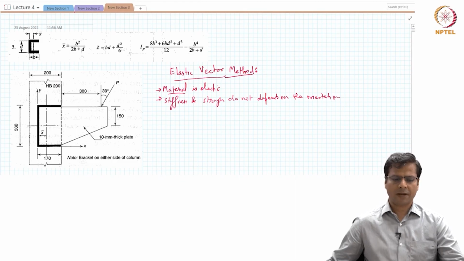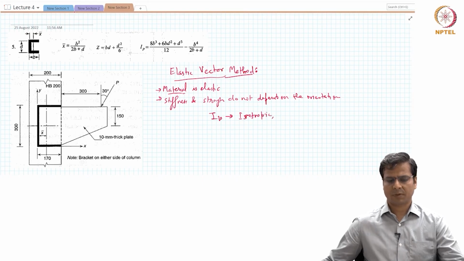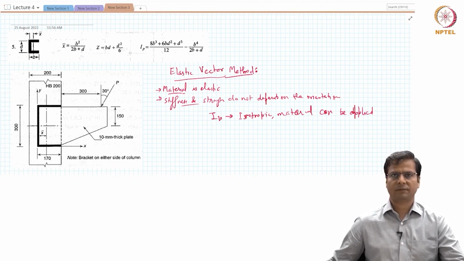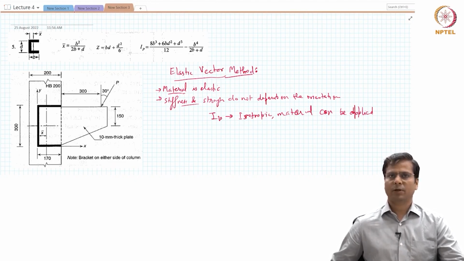So therefore, the idea of IP, which was developed for isotropic material, can be applied. The moment of inertia concept can be applied directly only with these assumptions. If we assume that stiffness and strength do not depend on the orientation.